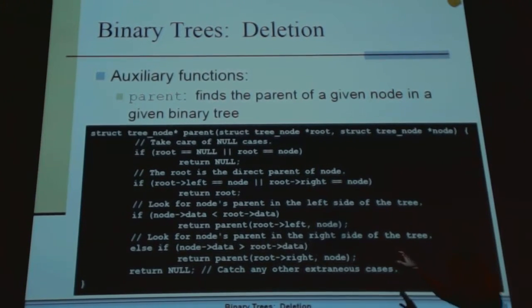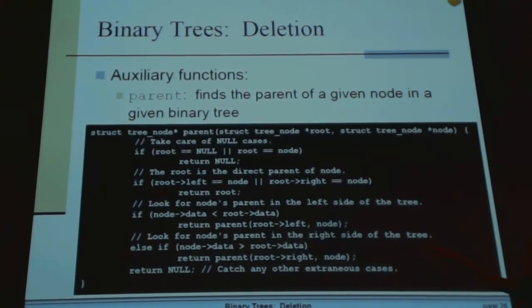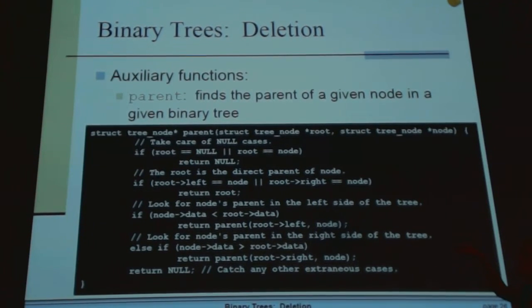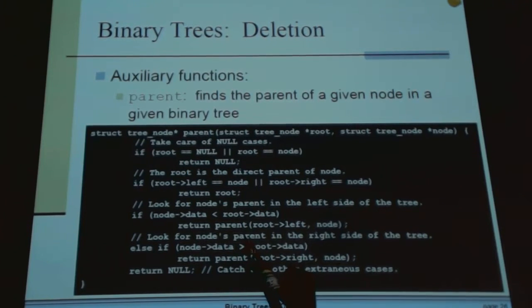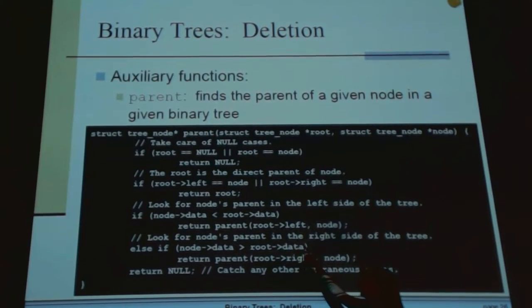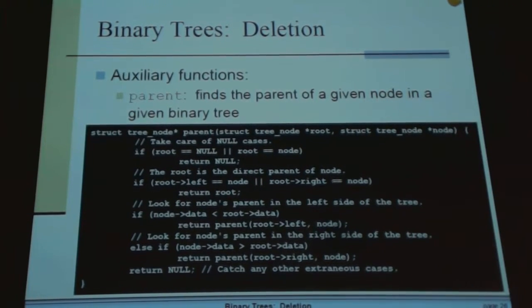If that's not the case, now we're going to look for the node's parent in the left side of our tree. We're going to keep traversing the left to see if we can find it. Here we're checking our node data: is it less than the root data? Why am I checking if the data I have is less than the root data?